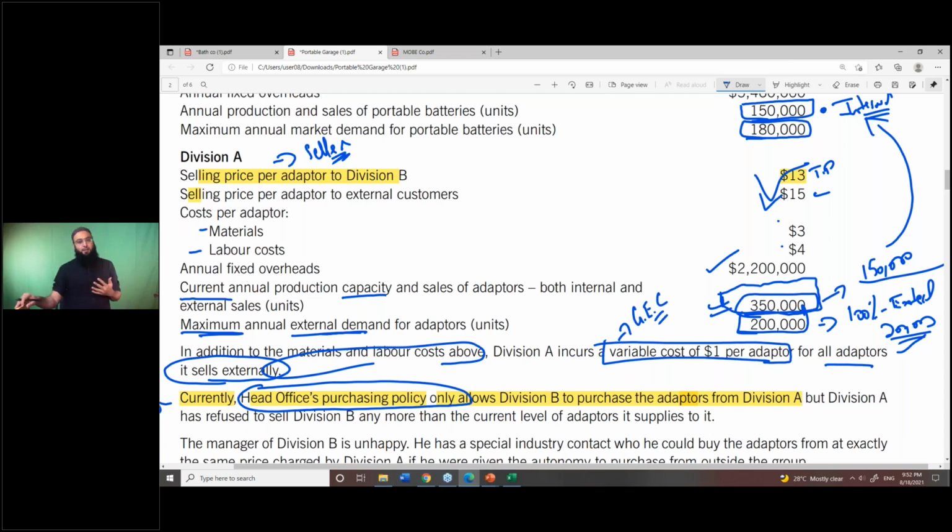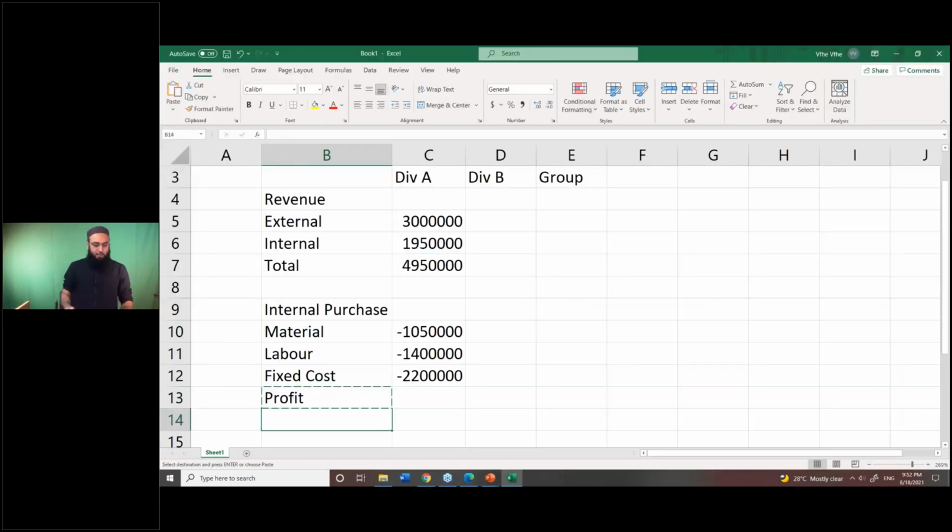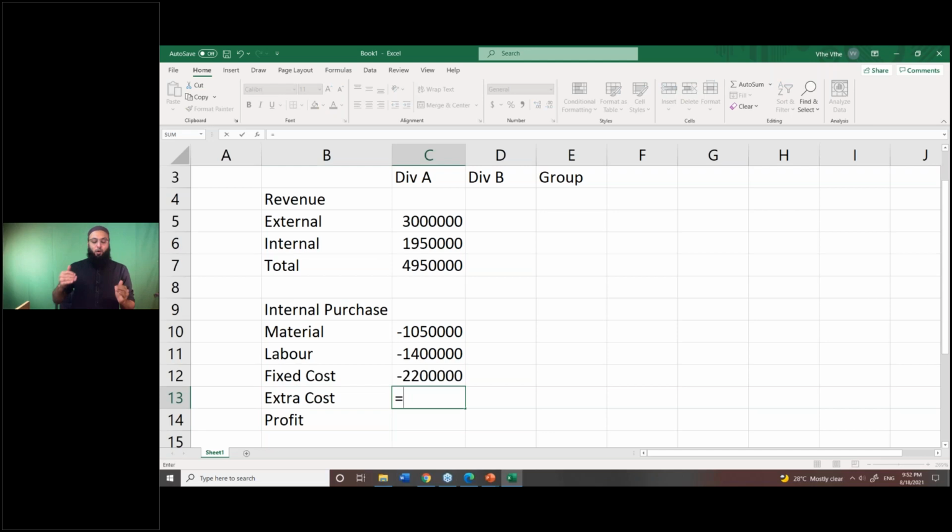But if he sells internally, he doesn't incur, maybe because of no packaging and distribution done internally. That's the internal saving. Did you see this? Internal saving of $1. So I have to charge this as well. Extra cost. And this only will be applicable for the external units.